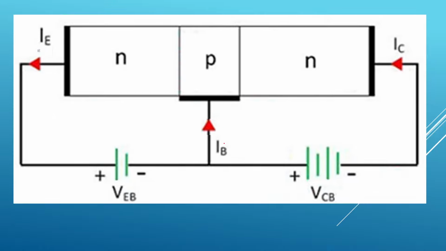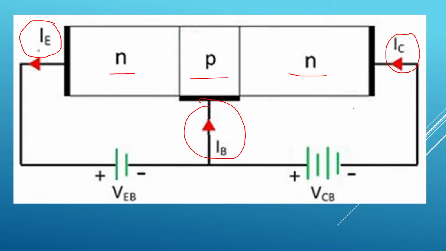Similarly, if I take an NPN transistor, if you observe, the emitter current is leaving, the base current is entering, and the collector current is also entering. So here base current and collector current both are entering and IE is leaving.